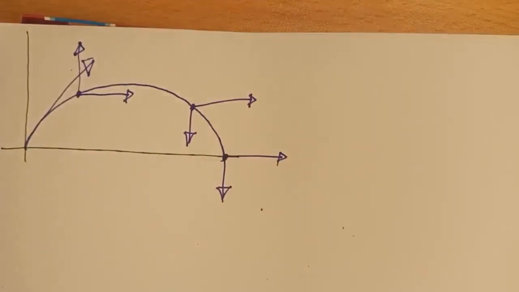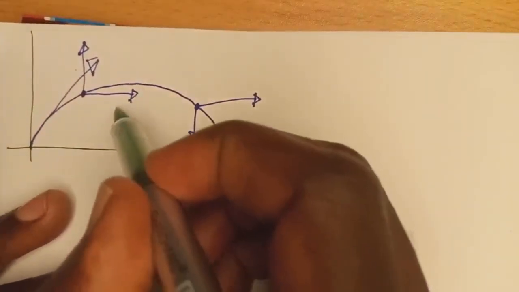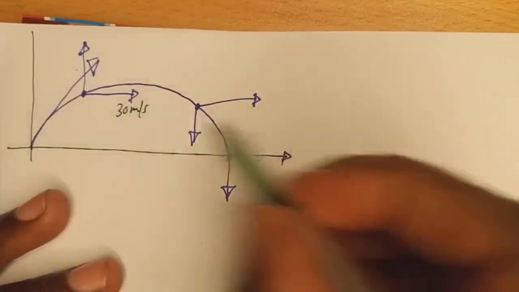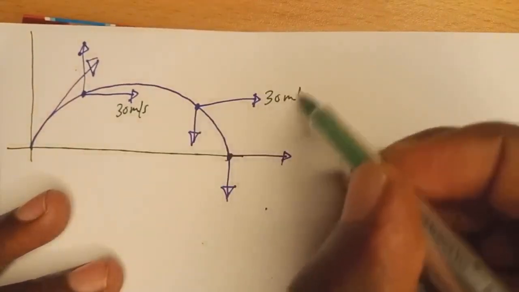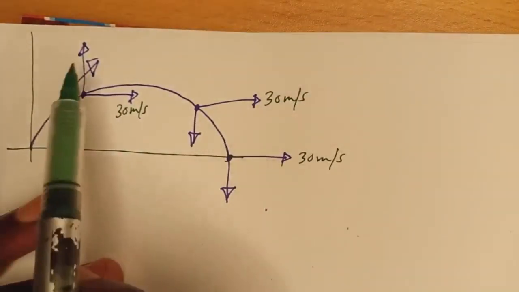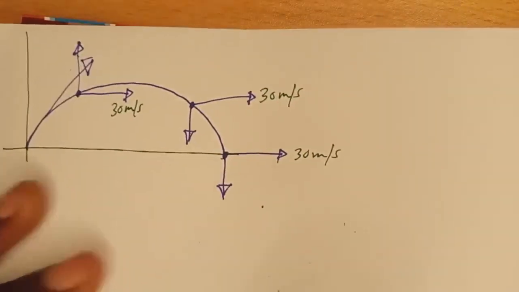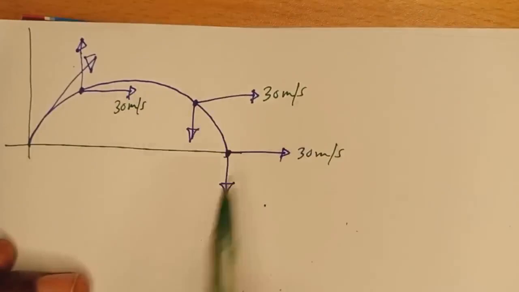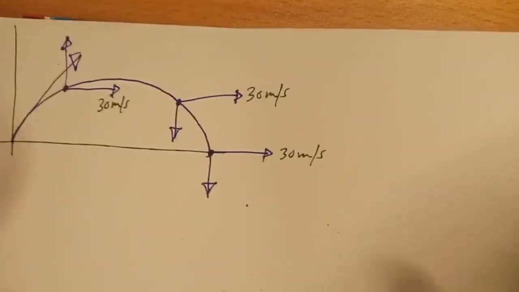Okay, now we said that this horizontal velocity, if this one is 30 meters per second, this one is also 30 meters per second, this one is also 30 meters per second. What is changing is the vertical component. Why is this horizontal velocity not changing? I gave you the reason.